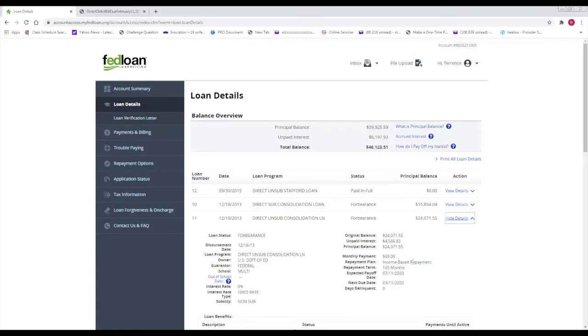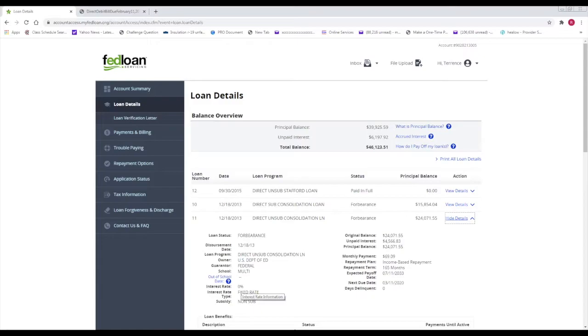The repayment plan again is income based. The repayment term is 165 months. The projected payoff date is 7/11/2033, but that will change because I am currently on public service, which we will get into at the very end. But again, the interest rate is a 0% fixed rate.